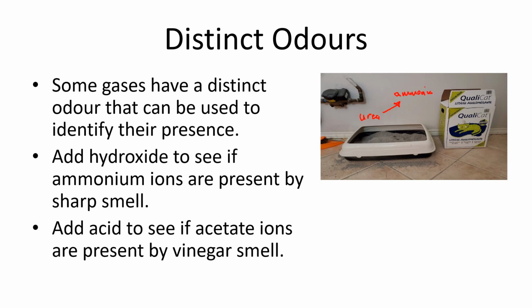And that ammonia smell is what you smell. So ammonia has that distinct smell like cat pee or like Afterbite or Windex because it's in all those products. So if you want to know if your solution has ammonium ions in it, you can react it to see if that gas is there, and you can smell to see if you got it.